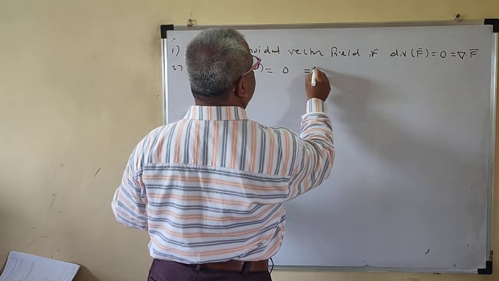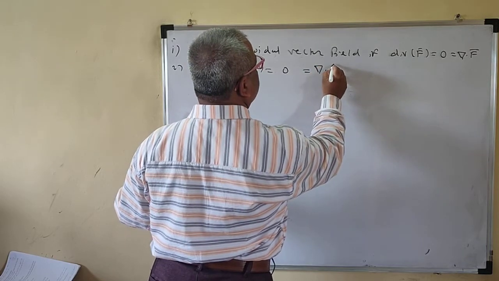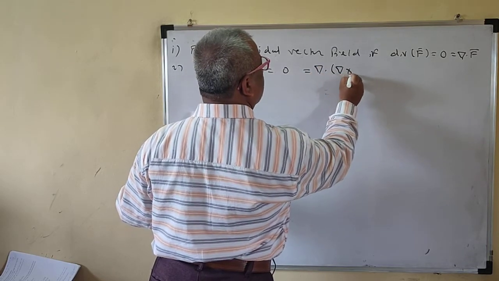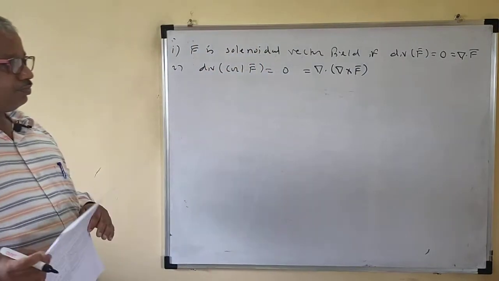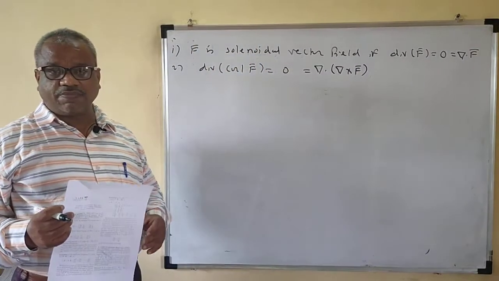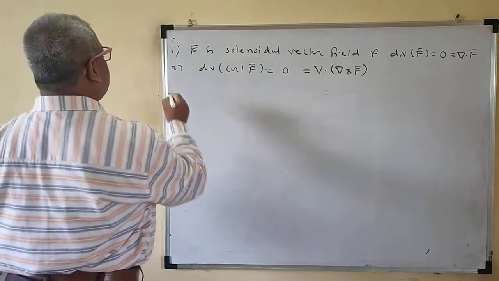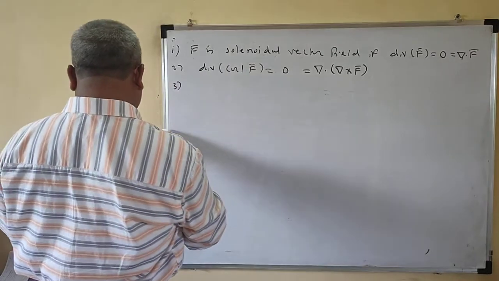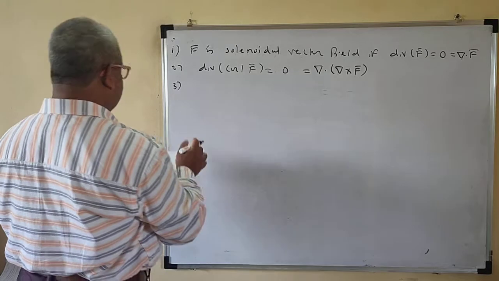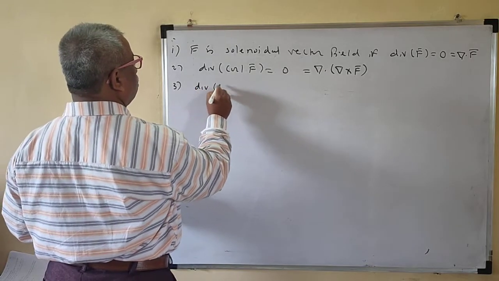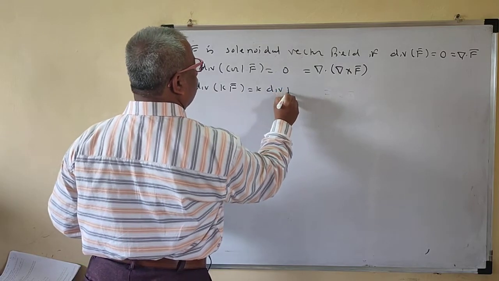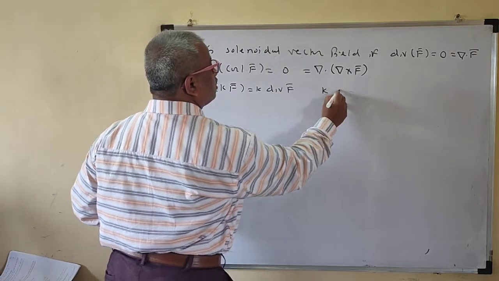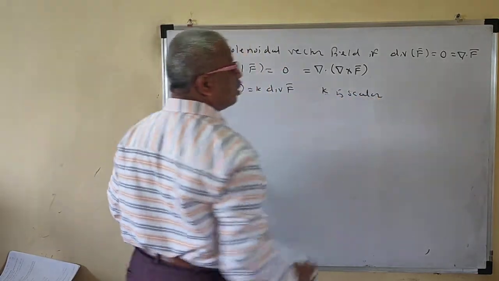We'll write it symbolically: nabla dot this cross f bar. This is again just the scalar triple product. Third one, divergence of k f bar is k times divergence of f bar, where k is a scalar.